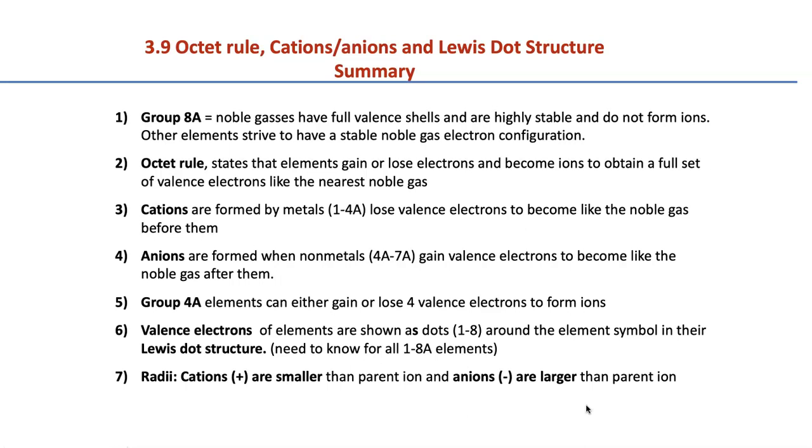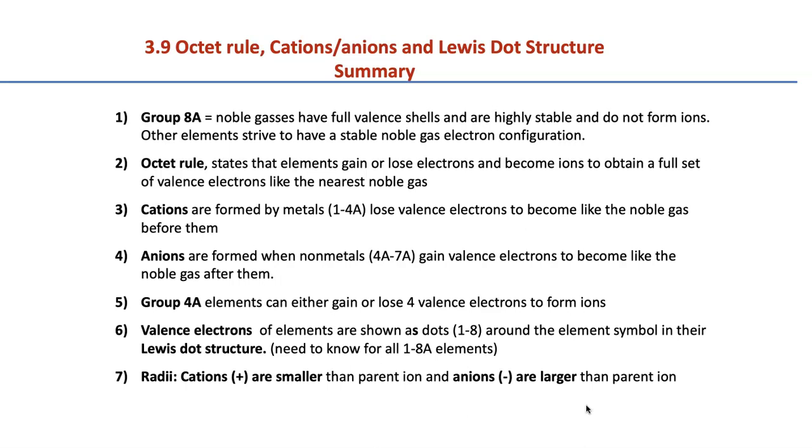Group 8A noble gases have a full set of valence electrons and they're highly stable and they do not form ions. Other elements strive to have the same noble gas electron configuration. The octet rule states that elements gain or lose electrons and become ions to obtain a full set of valence electrons like the nearest noble gas.